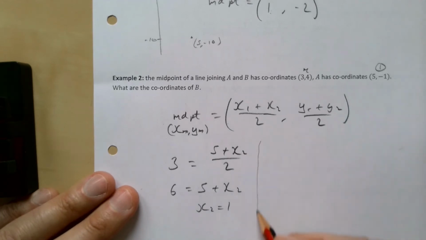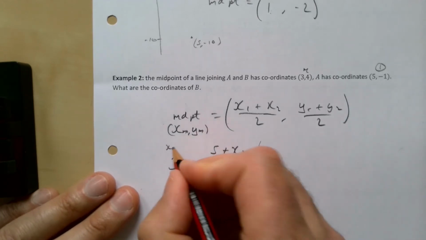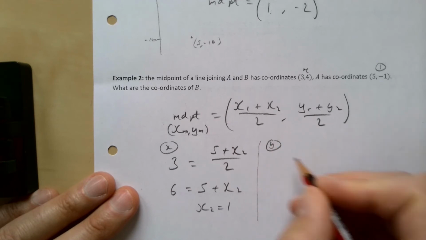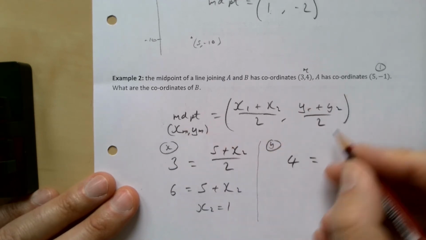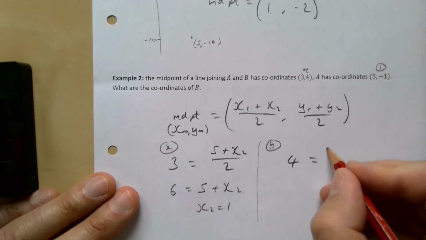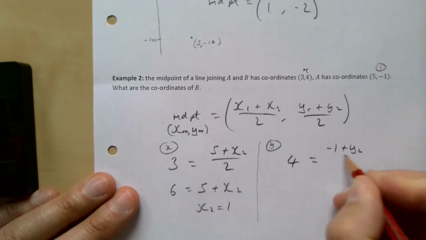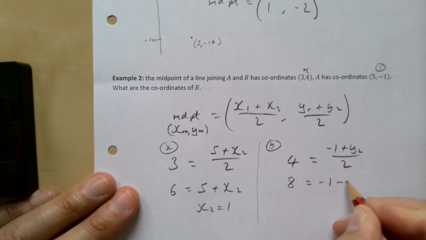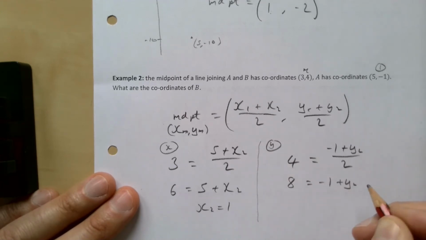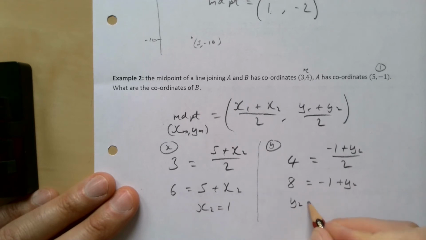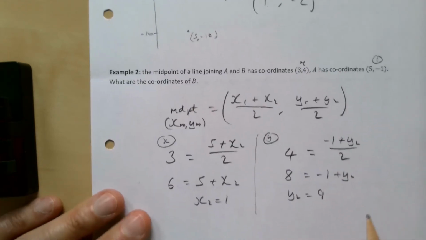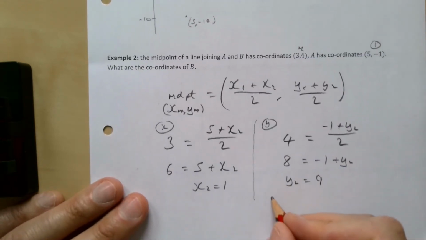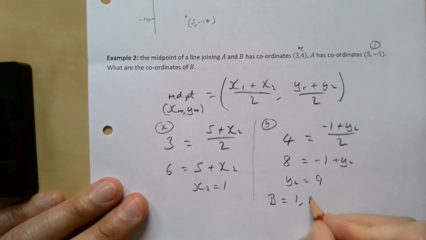If you do a similar thing for the y coordinate, that's for x, that's for y, so 4 equals minus 1 plus y2 all over 2, 8 equals minus 1 plus y2, and that means y2 is going to equal 9. So our coordinate B is going to be 1, 9.